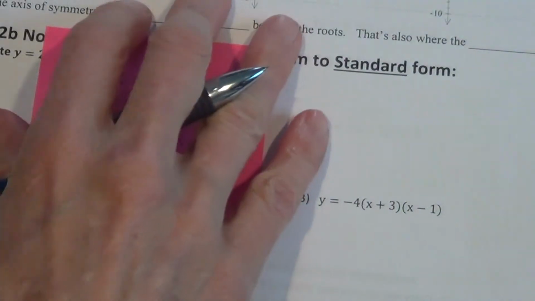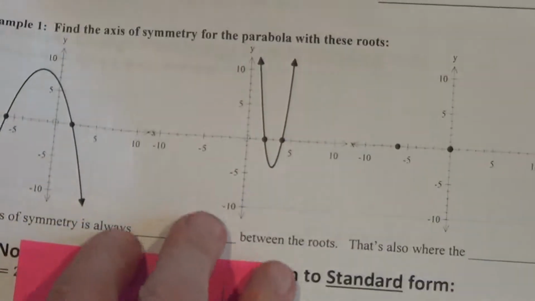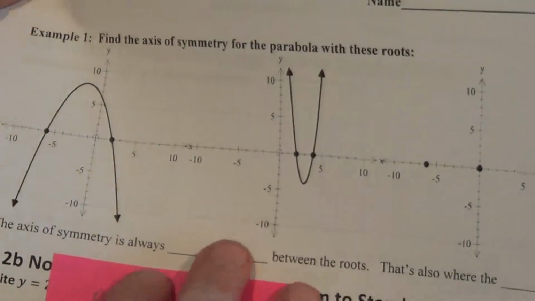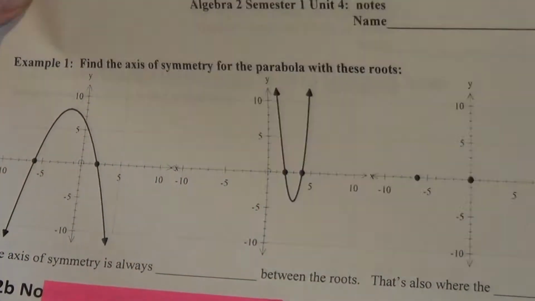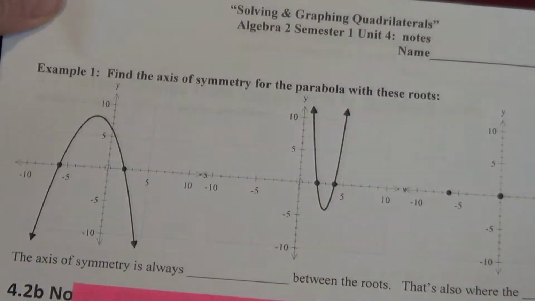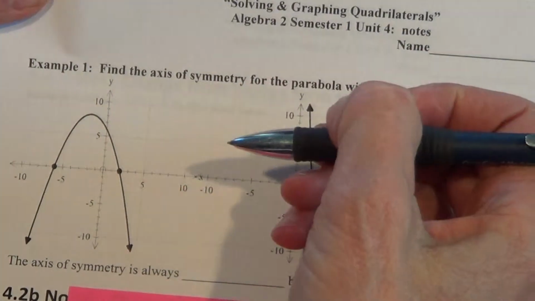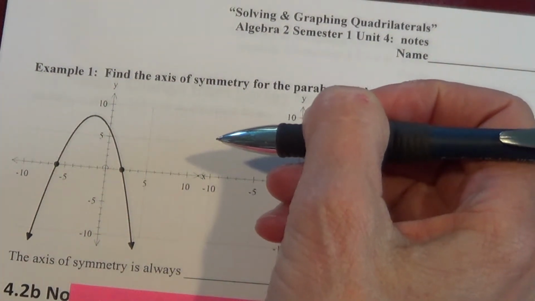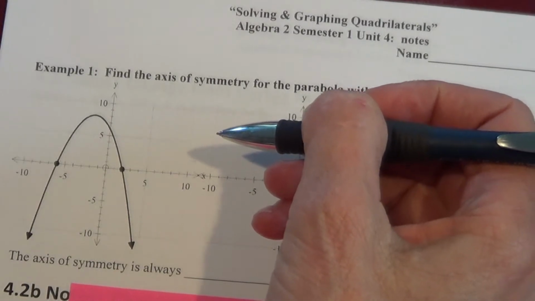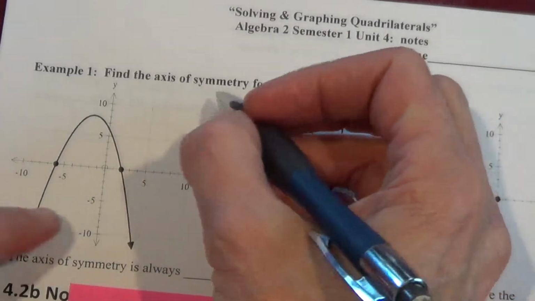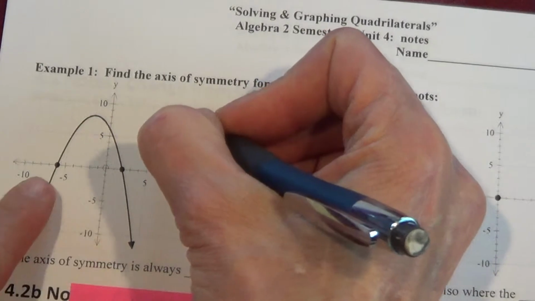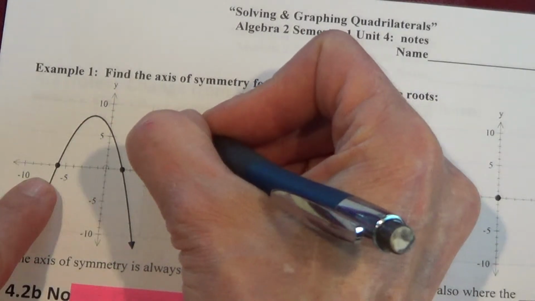Next thing is just the top of this next page. I ask you to find the axis of symmetry for the parabola with these roots. So again, this has a root here of, it looks to me like it's a positive 2 and a negative 6.